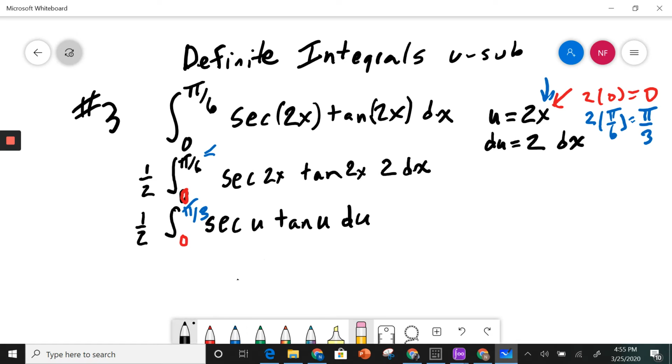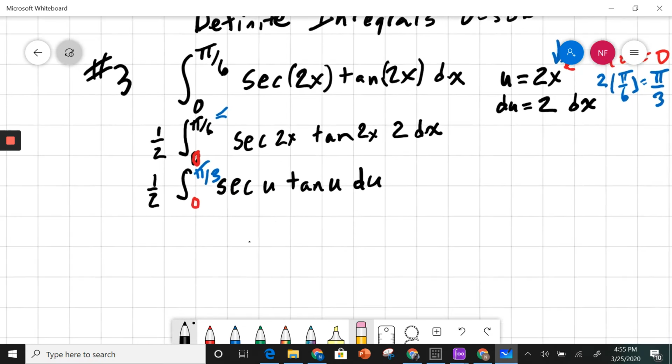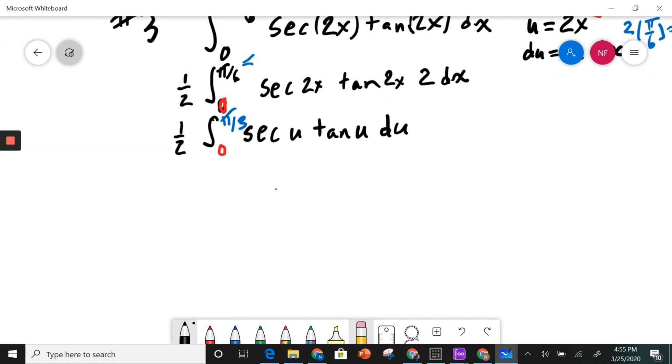Okay, so now we can integrate this secant u tangent u du. And the integral of that is going to be secant u. We want to evaluate that from 0 to pi over 3. We're going to multiply that by a half.